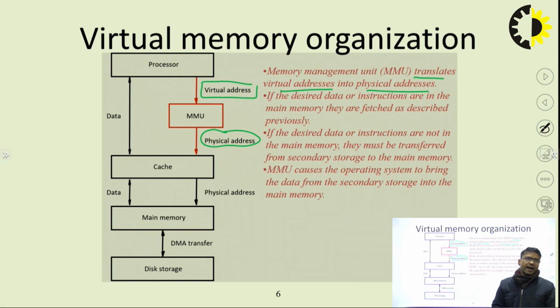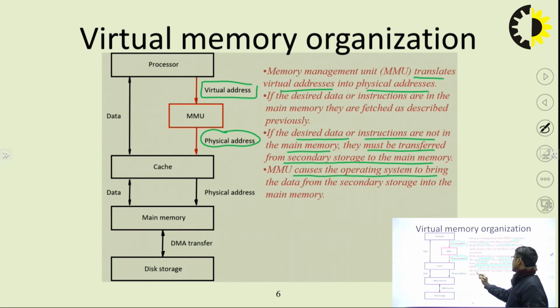If the desired data or instruction is in main memory, it is fetched as we described previously. If the desired data or instruction is not in main memory, it must be transferred from the secondary storage to main memory. So, the MMU causes the operating system to bring the data from secondary storage into main memory.